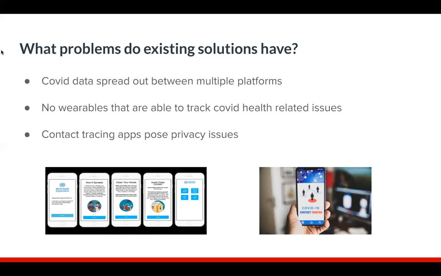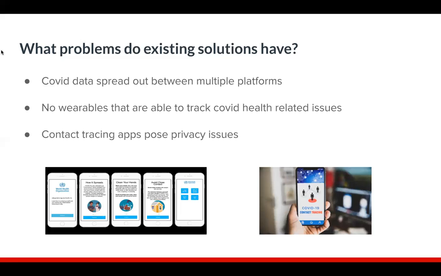Also, some apps are too vague and do not provide in-depth COVID information that users would like to see. In the first picture, you can see that this app screen is pretty vague and doesn't explain all the necessary data. Also, most health wearables, like the Apple Watch or Fitbit, are not programmed to collect COVID data, and currently there is no wearable technology designed to do that.